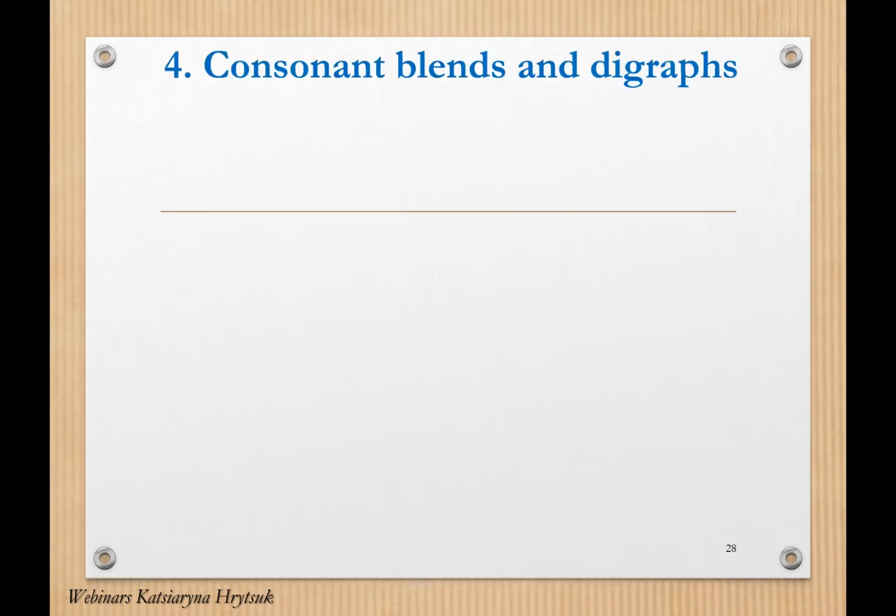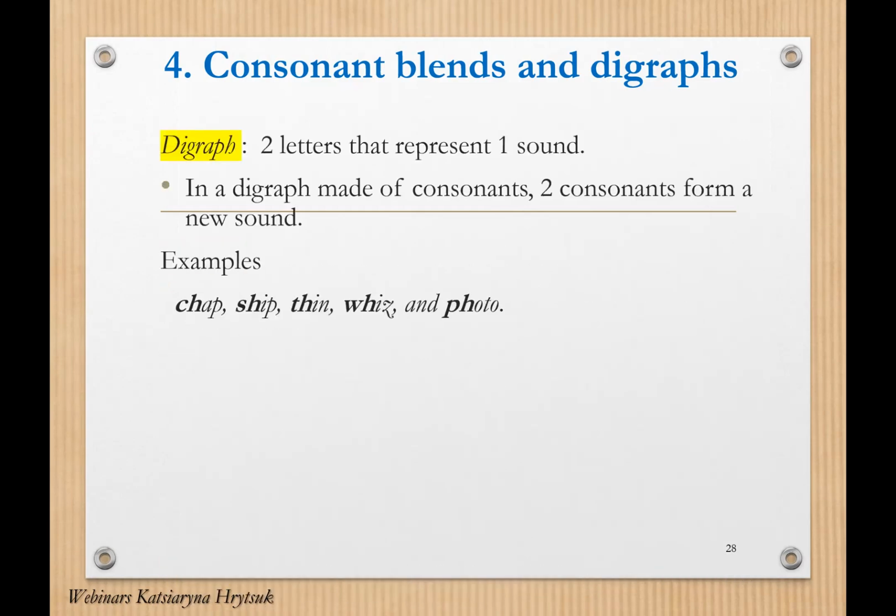You can do it. So rule number 4: consonant blends and digraphs. What does it mean? Let's firstly talk about digraph. A digraph is when two letters represent one sound. Not only vowels, we talk now about consonants.